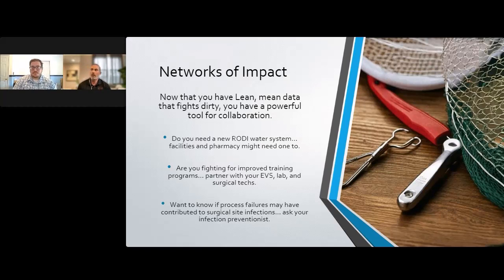So in terms of implementing a program, and this goes parallel to what you're talking about on the lean side of things, if you're going into a department and they're looking to build some sort of reporting structure on the data side, how would you go about helping them implement some data reporting from the ground level?